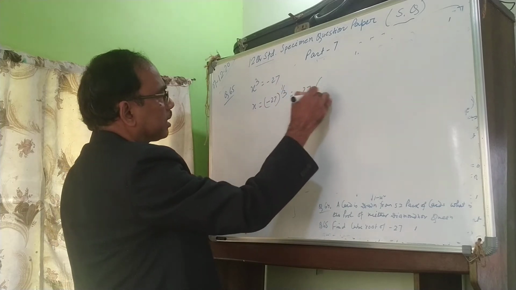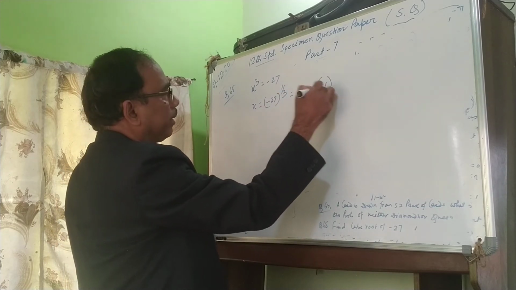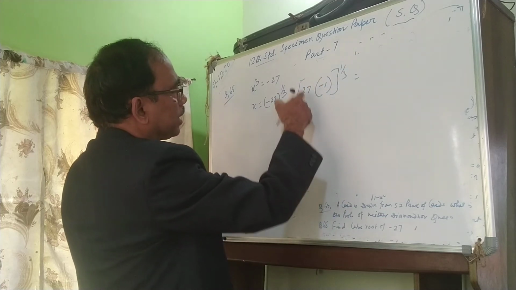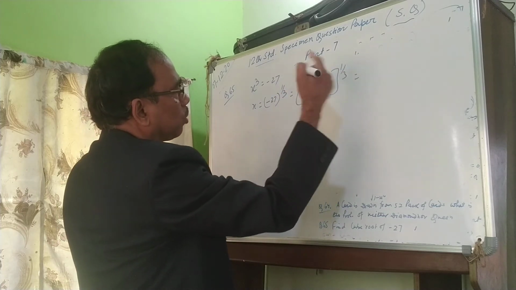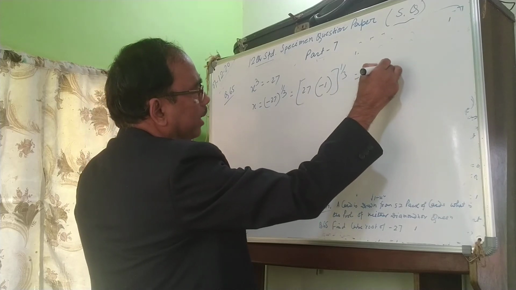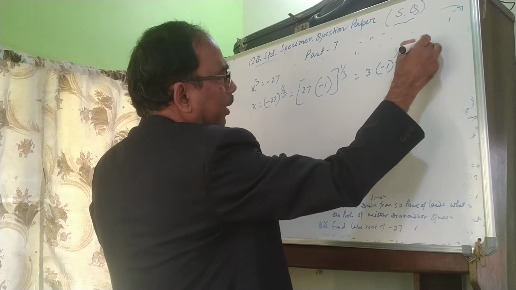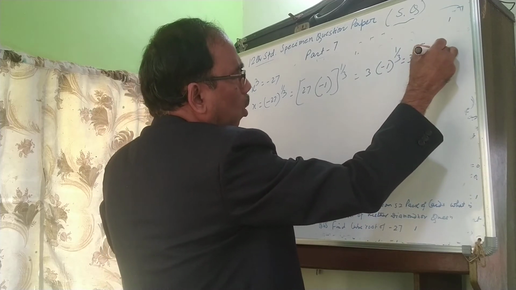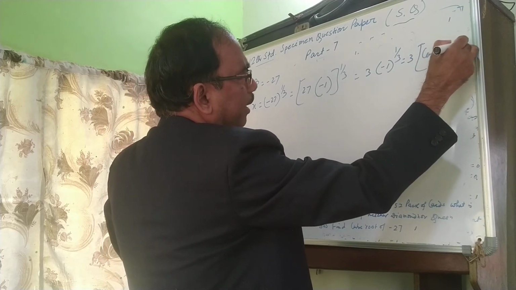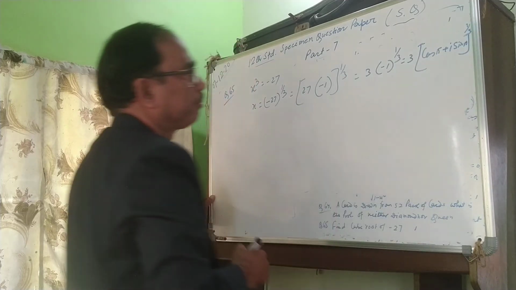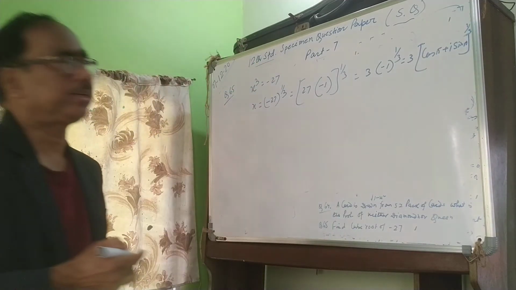That is 27 into minus 1 all to the power 1/3. 27 is 3 to the power 3. That is 3 into minus 1 to the power 1/3. Minus 1 is cos pi plus i sin pi, to the power 1/3. Minus 1 is the value, cos pi is minus 1.